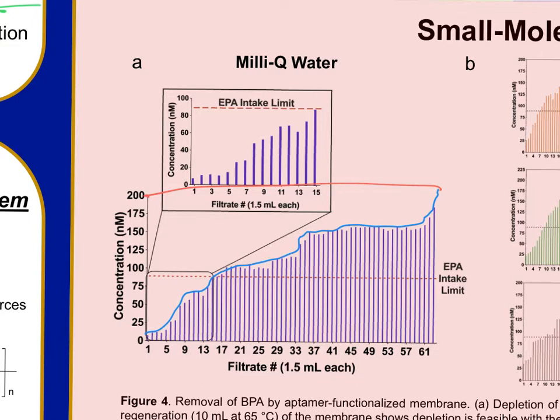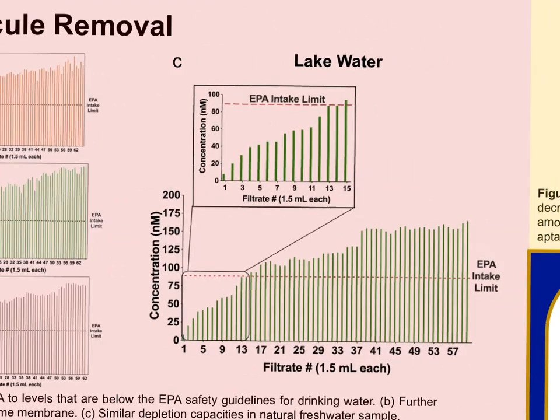Furthermore, we wanted to check if it actually translated to lake water. So we did it in lake water, and we were really excited to see that the same trend is followed, and we are able to remove BPA from water.